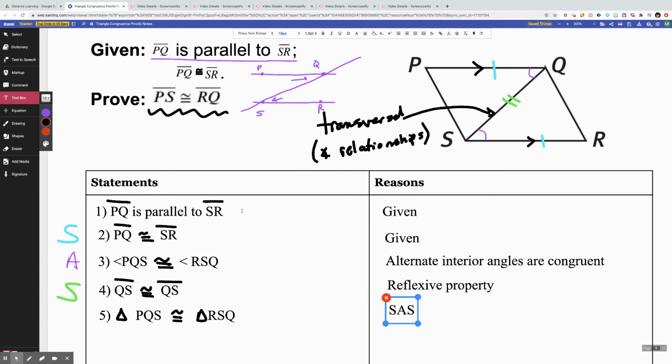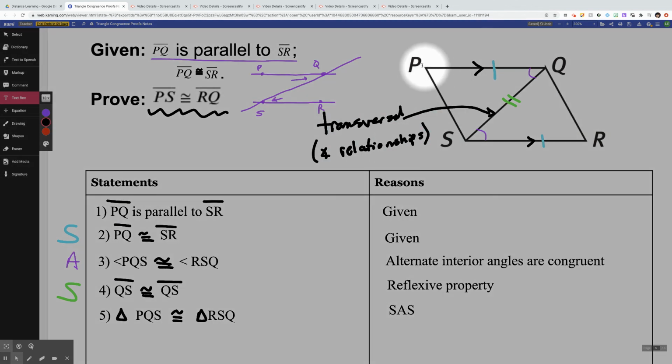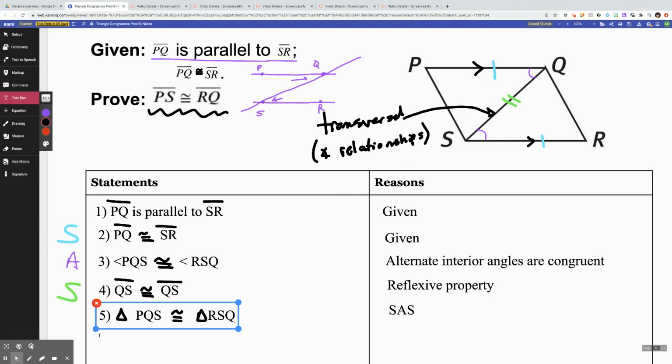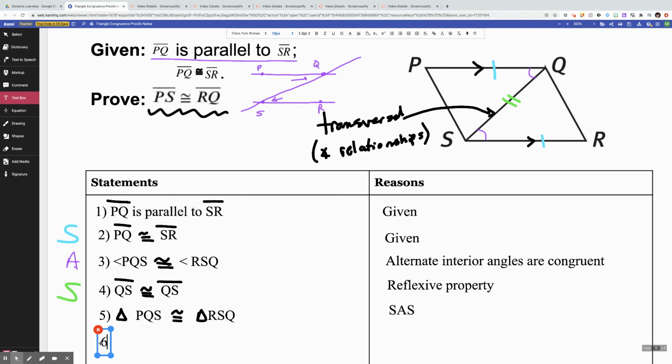But then I have to go back and say, what is the actual thing that I am trying to prove? That thing is that PS, this side here, is congruent to QR or RQ, which is this side right here. Now I have the ability to do that. I can say that those are congruent because they are corresponding parts of congruent triangles.